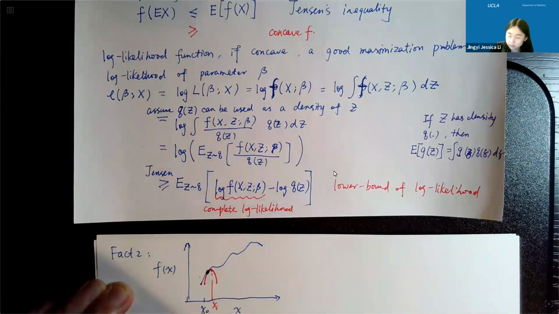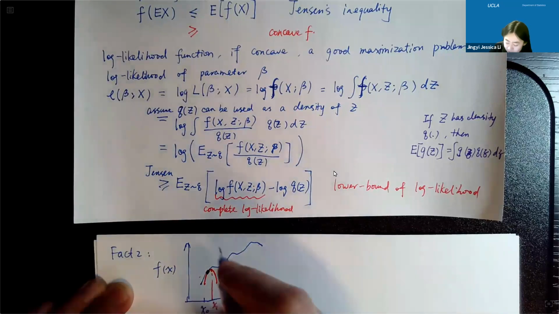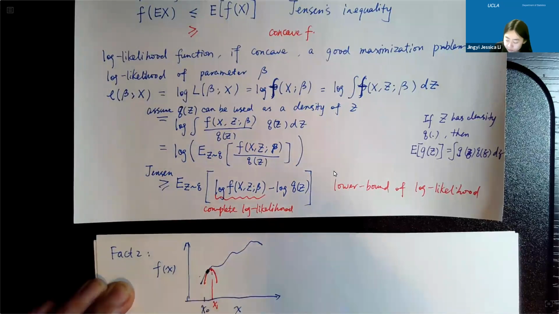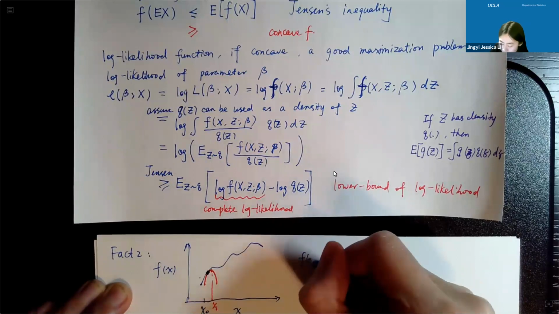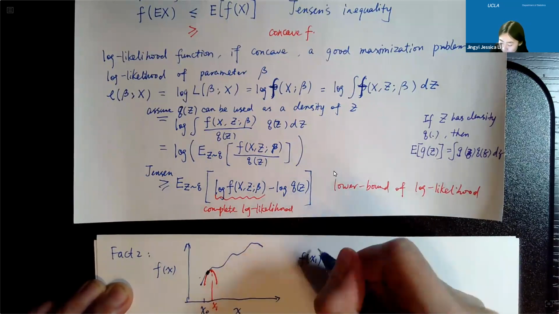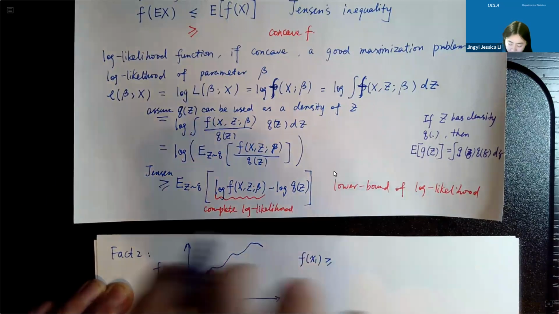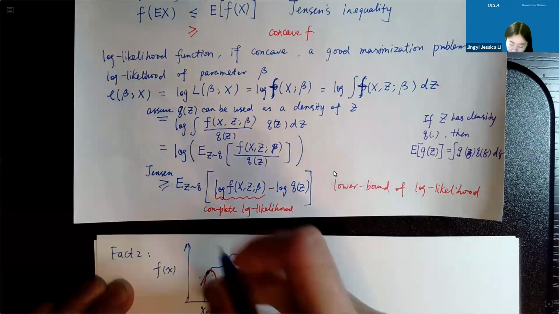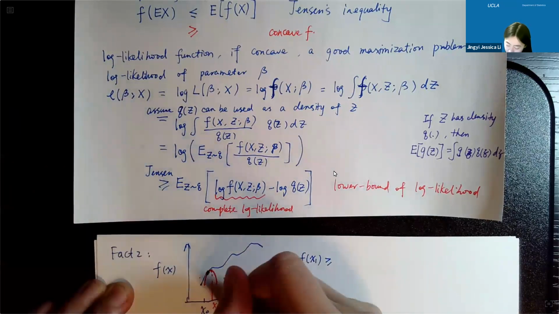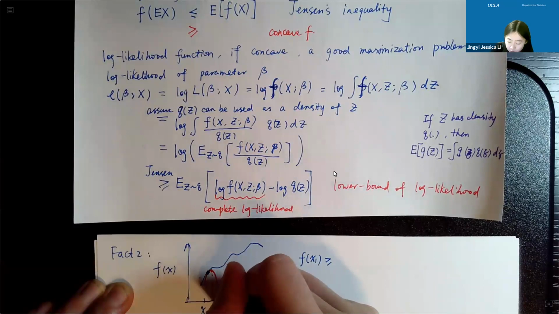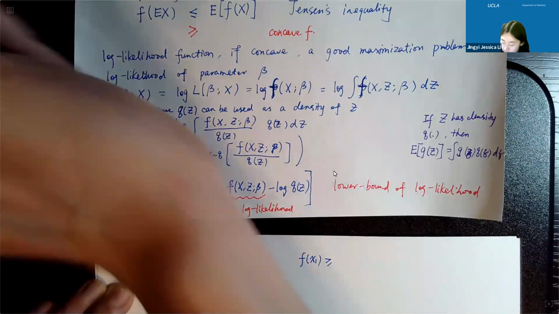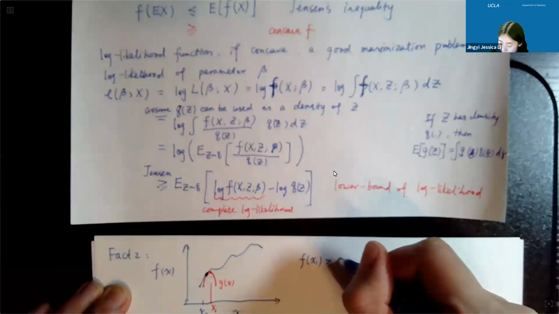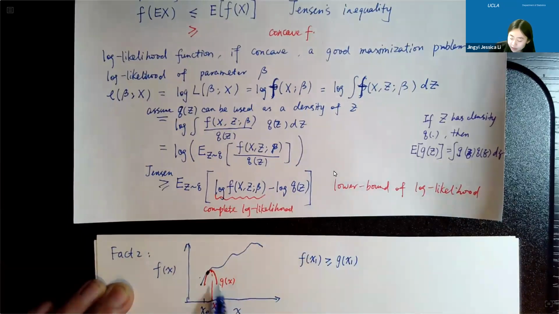So why is that? The reason is that it's a lower bound. Let me call this a g function, a lower bound. So f(x1) is greater or equal to g(x1) for sure because of the lower boundness.